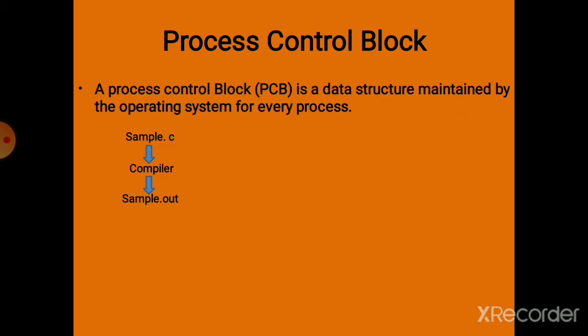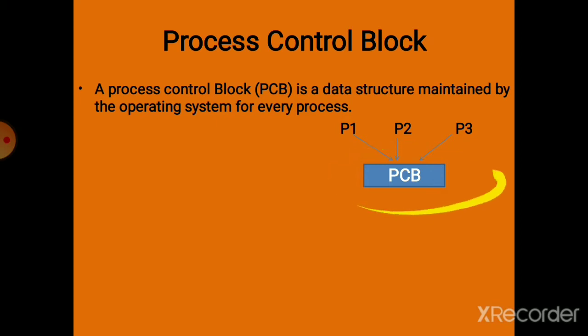Suppose different processes are coming, say for example P1, P2, P3 are different processes. Now the P1 and P2 will be maintained in the PCB. All the related information about these processes will be maintained in the PCB, that is the process control block. This is the place where information about the process will be stored.